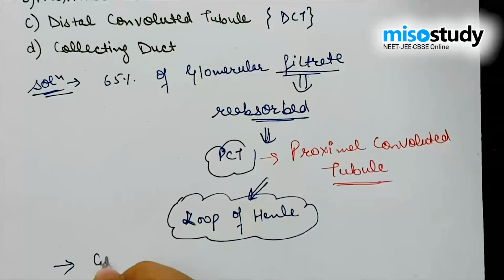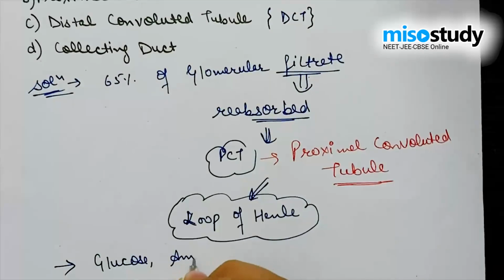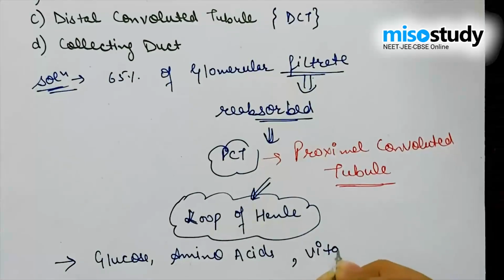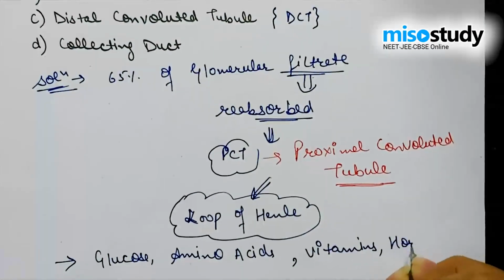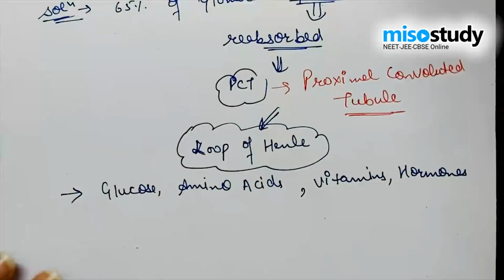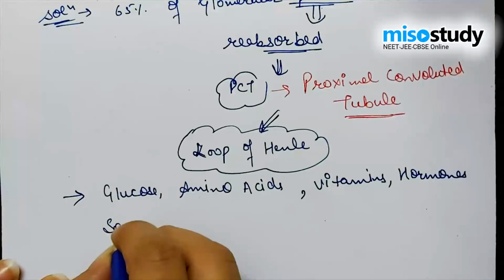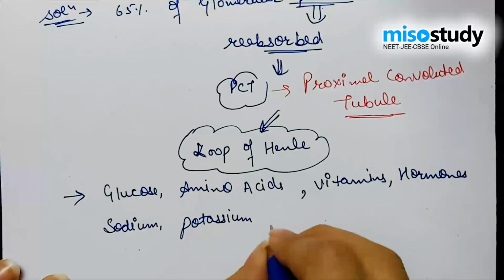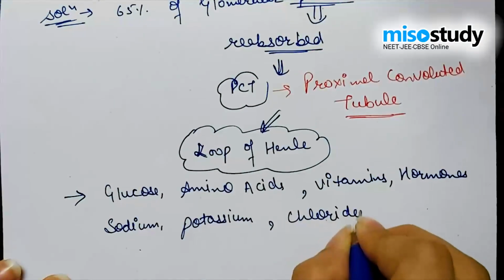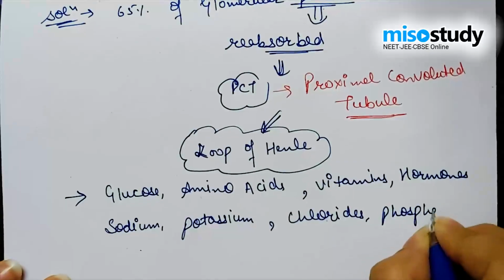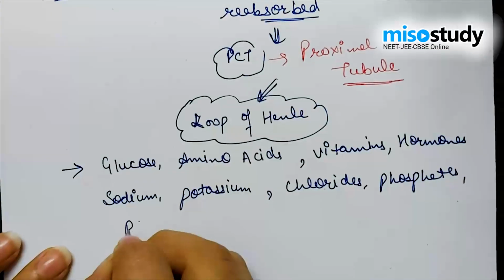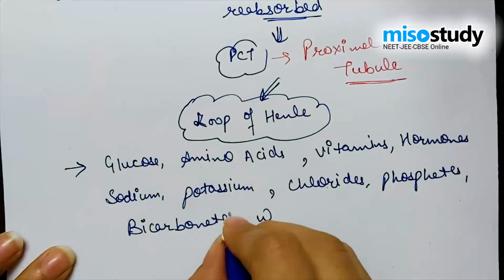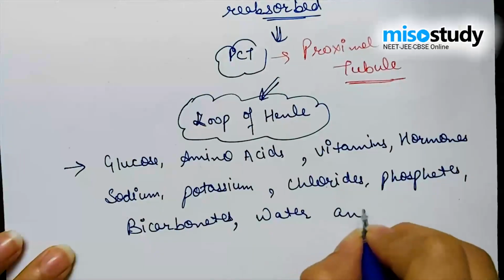In this, there is a presence of glucose, amino acids, vitamins, hormones, sodium, potassium, chlorides, phosphates, bicarbonates, water, and some urea.